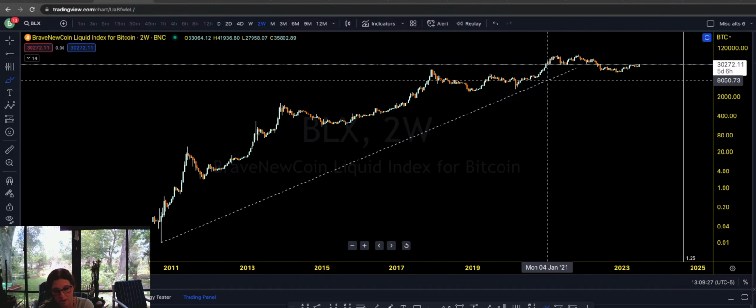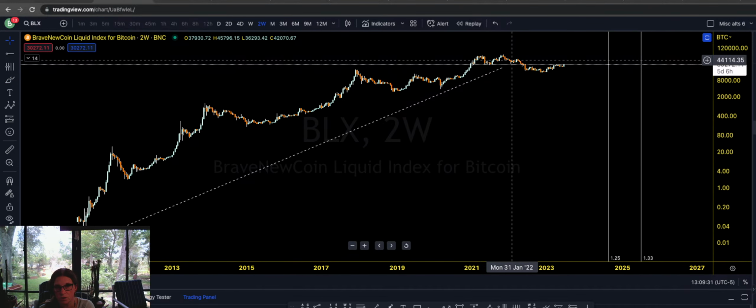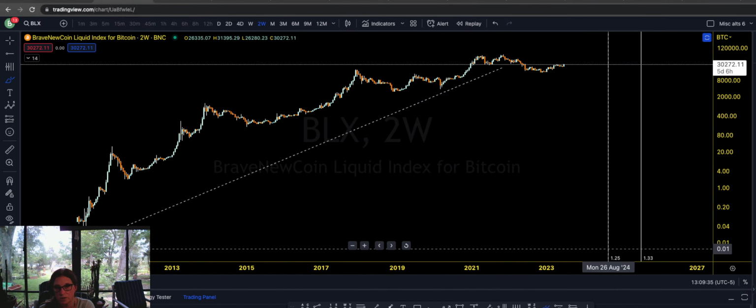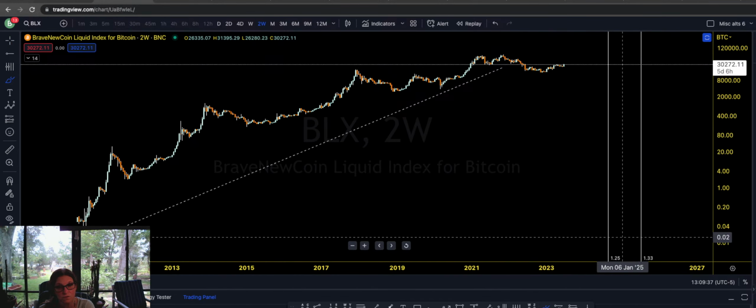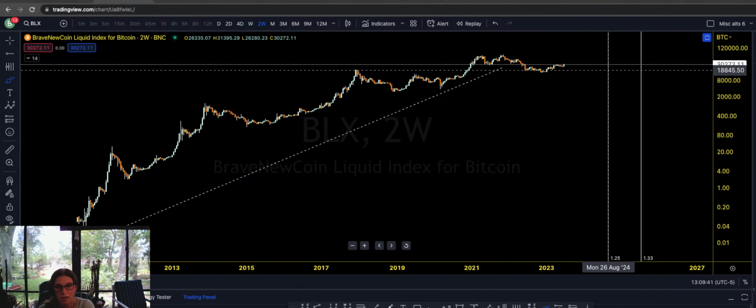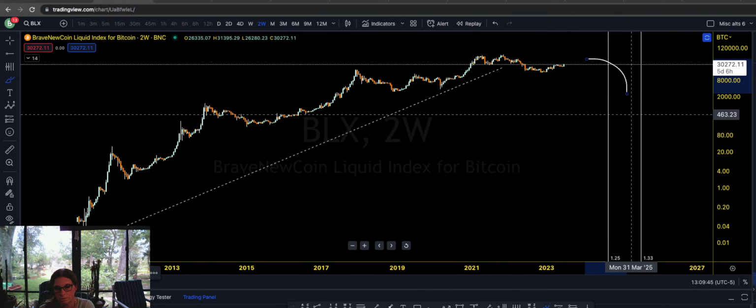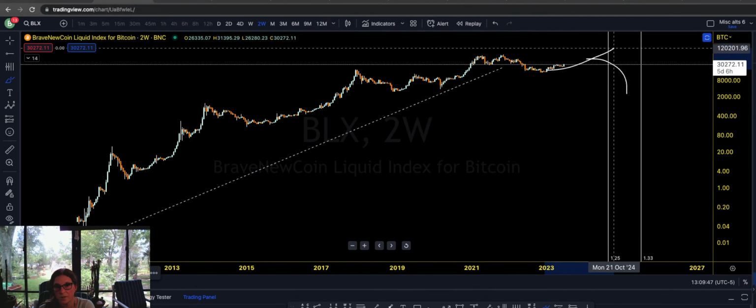So pulling time on all of this, if we are correcting all of it, we are looking at approximately August of 24 to July of 25. And price needs to be coming down into this area, not going up into it.